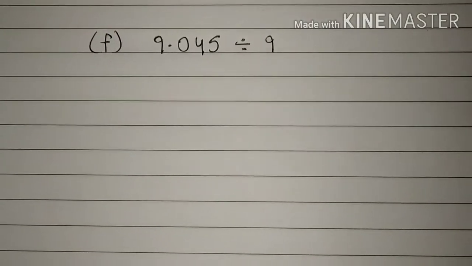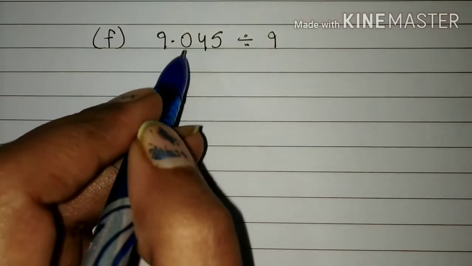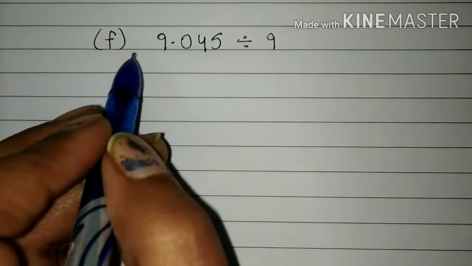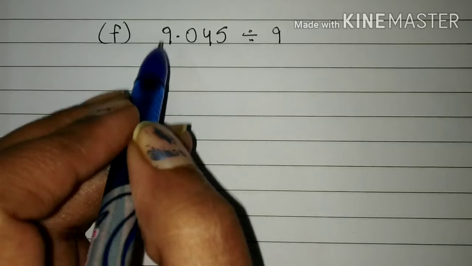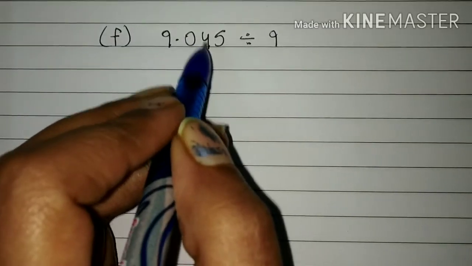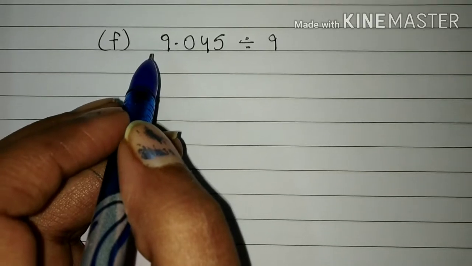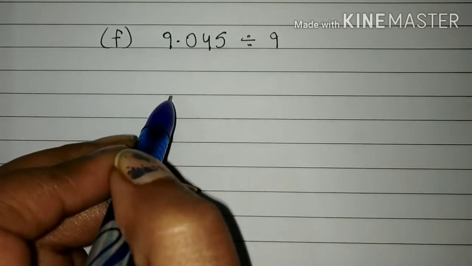Students, now come to F part. Question is 9.045 divided by 9. Students, in this question we are going to divide 9.045 by 9. So first of all, we will write 9.045 here.